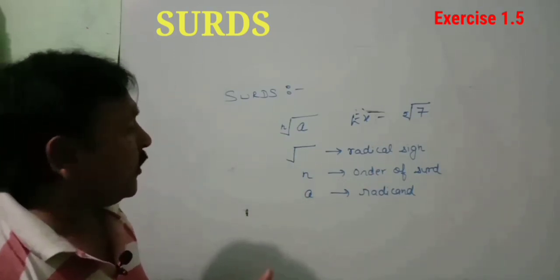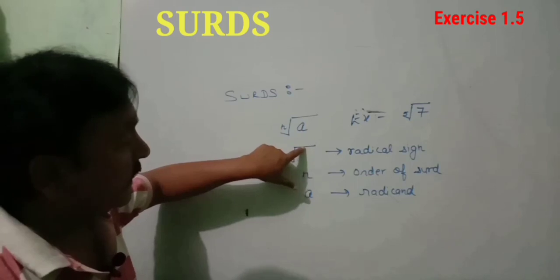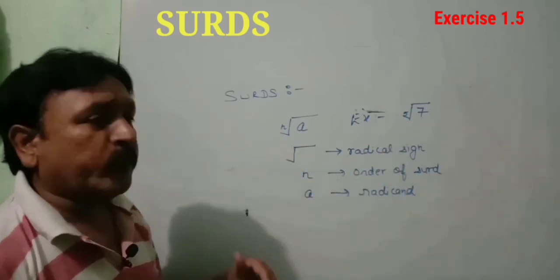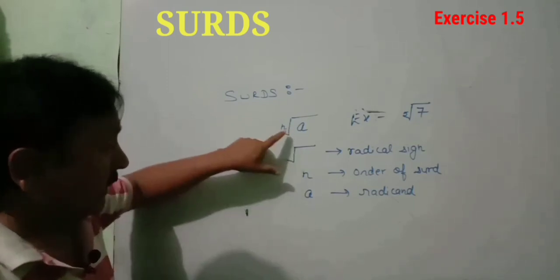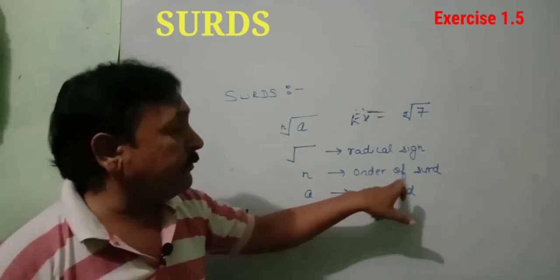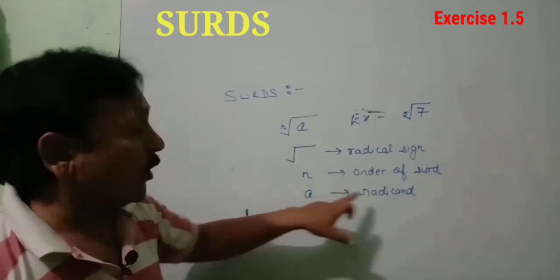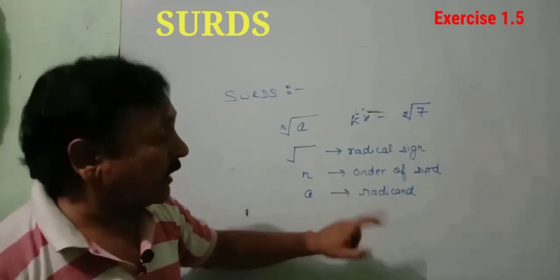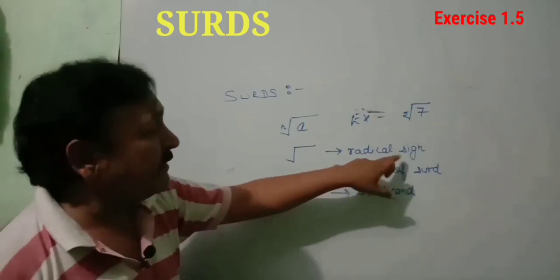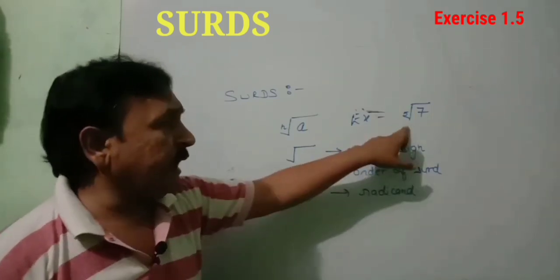Let us take some more information. This root part is called the radical sign. It can be anything, square root, cube root, any power. And this power, n, is called the order of the surd, and a is called the radicand. Suppose in the same example, if I ask you, the radical sign is there.